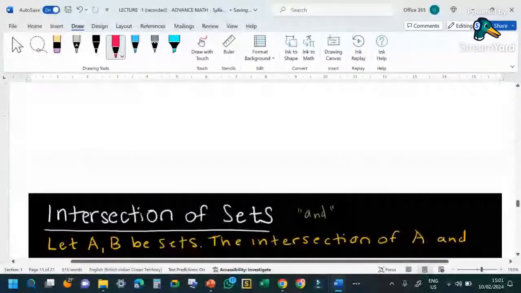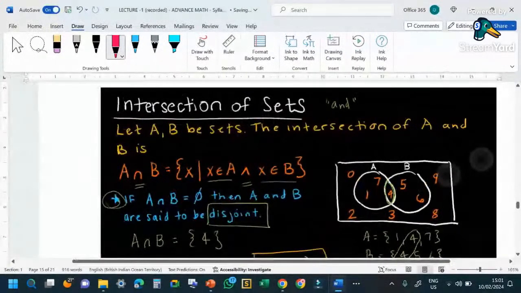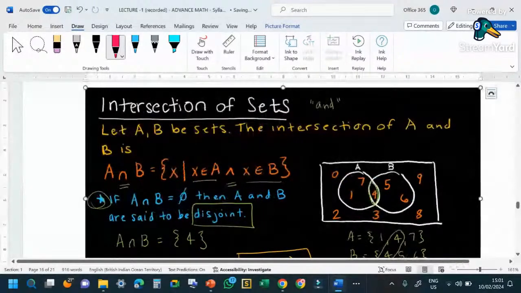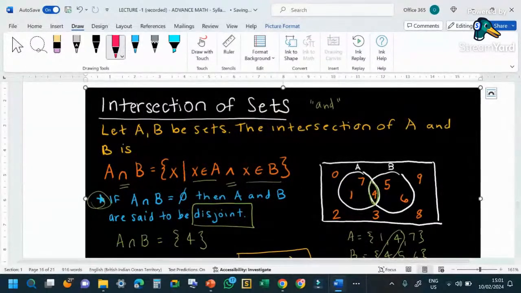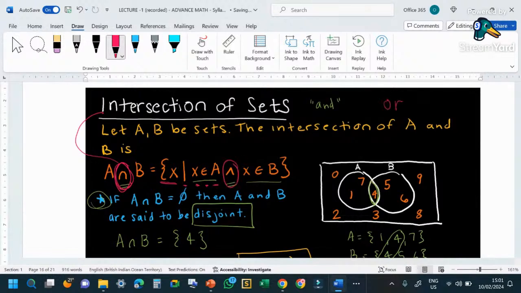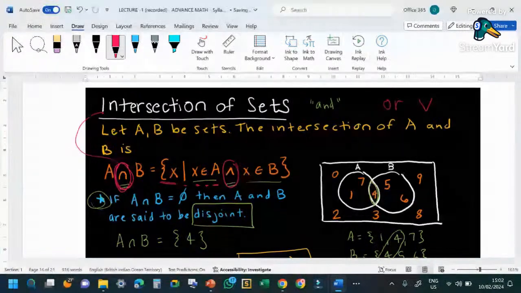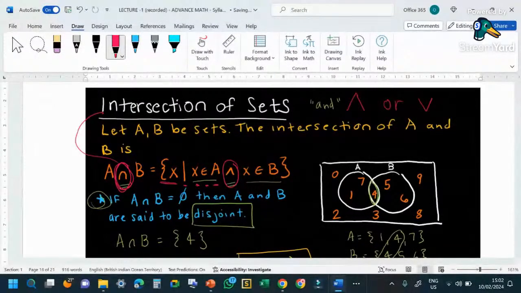And this is the intersection of sets. Let A and B be sets. The intersection of A and B is written in set builder notation as A intersection B is equal to all x's such that x is an element of A and x is an element of B. A while ago when we used the or, it opens up, but when it's and, it opens down.